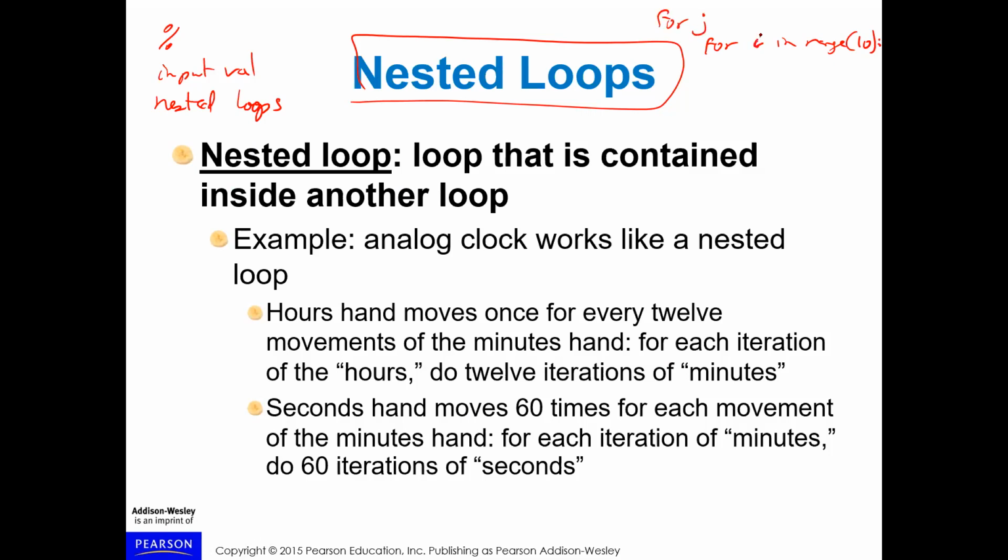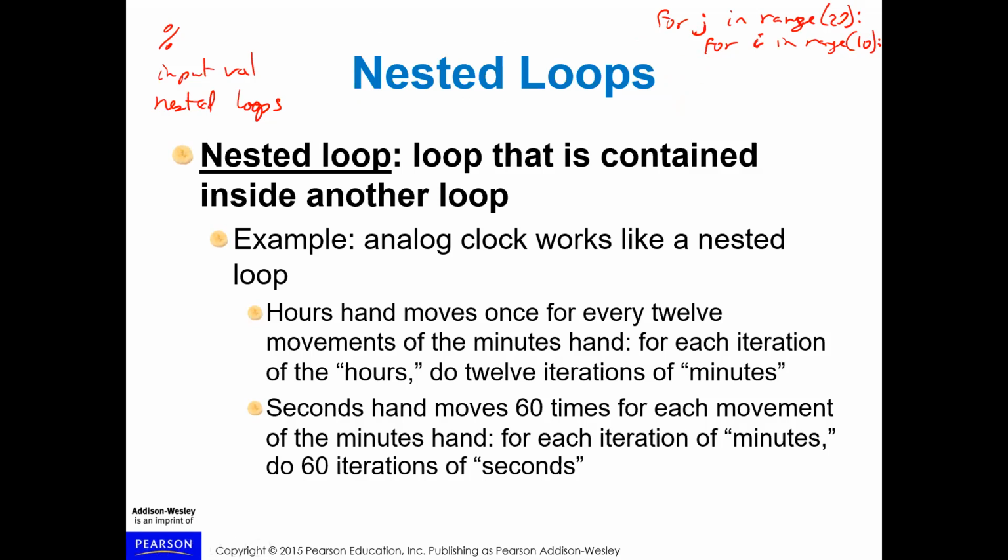Notice that the index needs to be different, right? So that they don't get confused. For j in range, and then maybe this could be 20, they don't have to be the same number. But if you notice, this for loop is inside that other loop, right? So what is contained within the other one has that indentation. Okay.